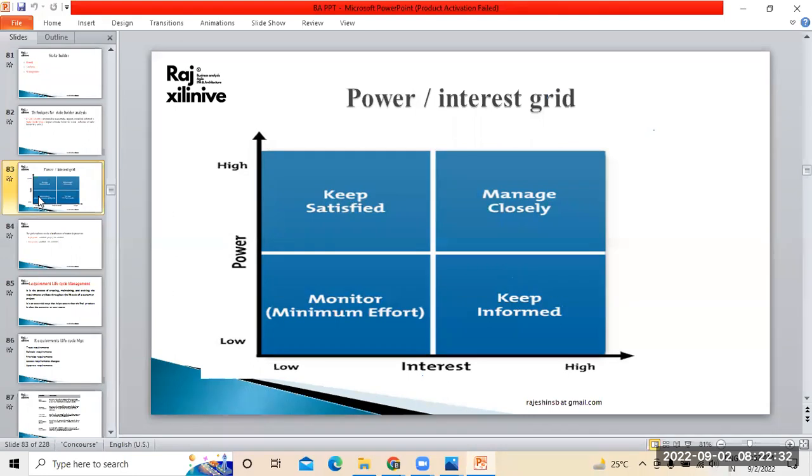These people will have high power and equally high interest. So these people are on the decision making front.